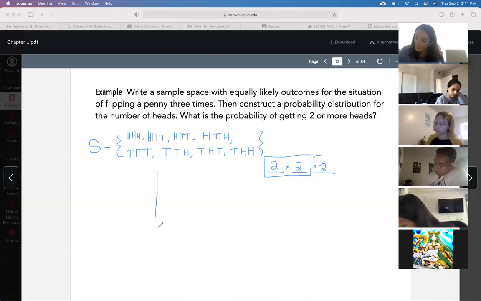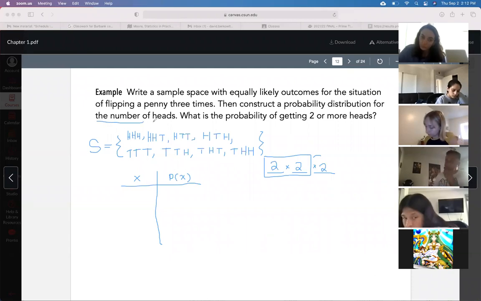So what we want to do is list every possible numerical outcome, X. And then in this column, we're going to list the probability of getting that numerical outcome, P of X. But it has to be numerical, so I can't list any of these. And what are we after? We're after the number of heads. That's the goal of this problem.